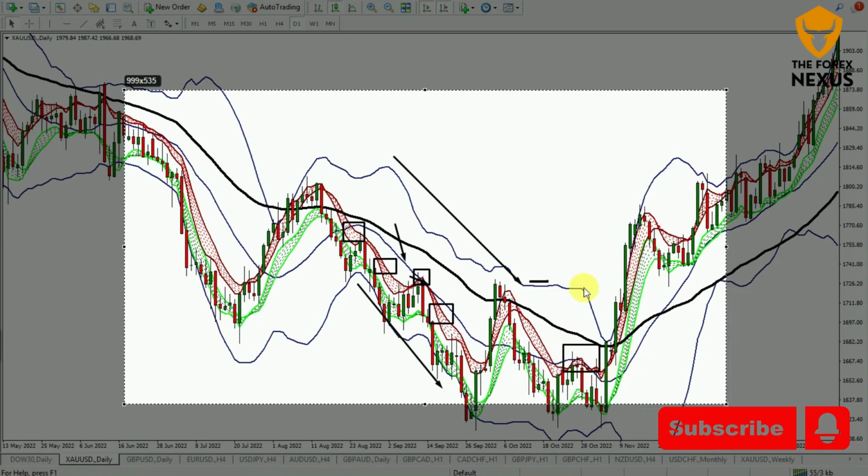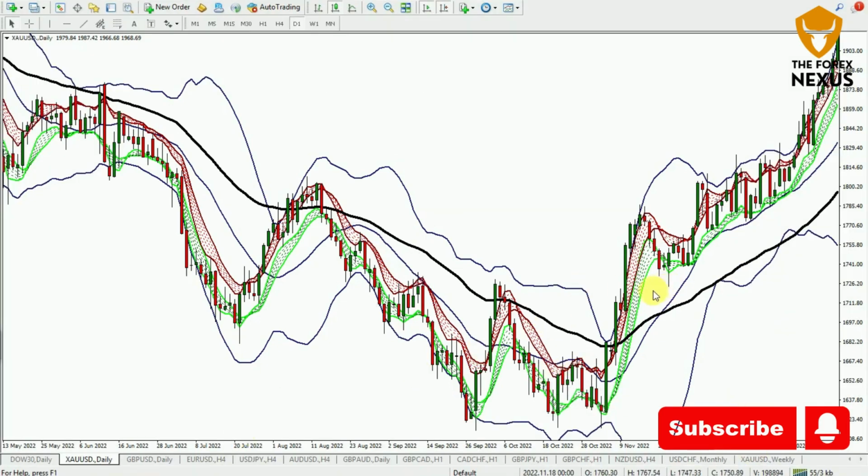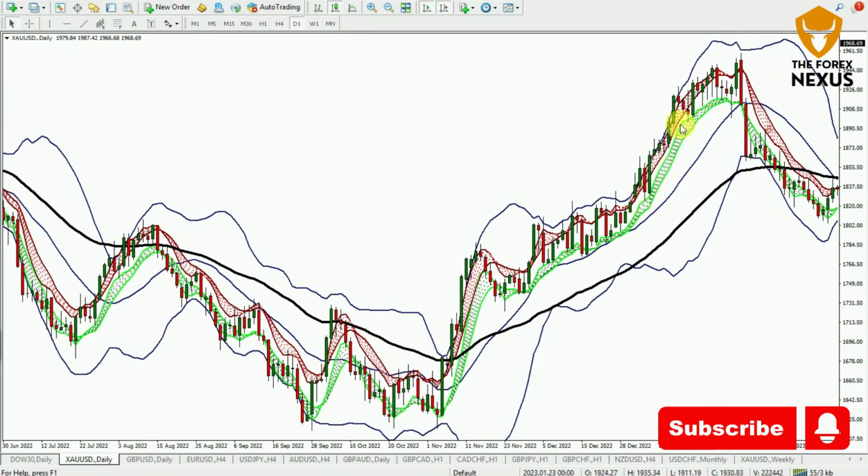So remember, when the Bollinger Band is flat, don't take a trade at this point, because we need MA 510 high below the mid BB, like this point you can see here, or here you can see the MA 510 low is above the middle band, so the buy re-entry is valid.